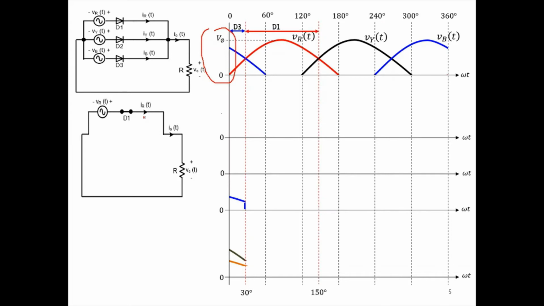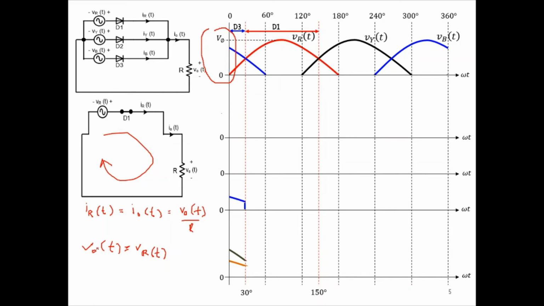By analyzing the equivalent circuit, we can see from the first equation that the red line current is also the output current of the rectifier. And the wave shape of the output current is following the output voltage waveform with a smaller amplitude value.